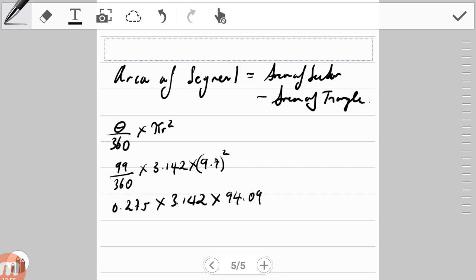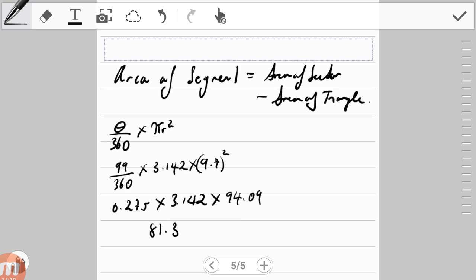So if you go ahead now, 0.275 multiplied by 3.142 multiplied by 94.09, we end up with 81.29, or let's just round it off to 81.3.